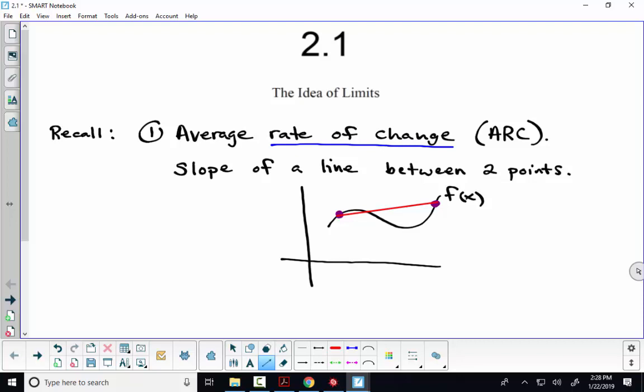What was the velocity? What was the speed? What was the acceleration? What was the temperature? Whatever it is. So that's our average rate of change.